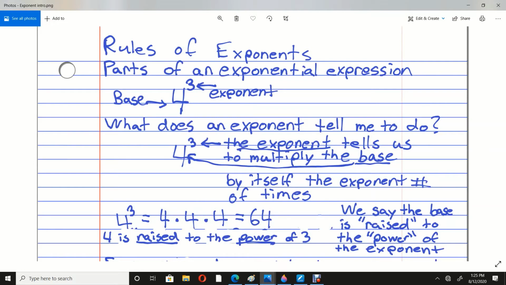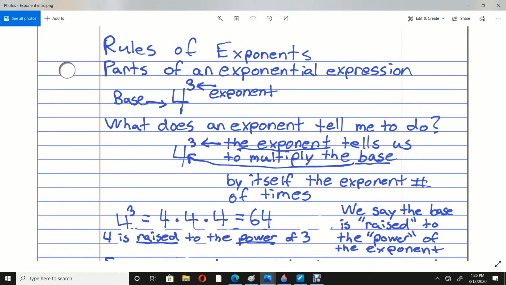All right, 8th grade, you're getting the short end of the stick because you have a lot of pages of notes, because there's a lot to talk about in this lesson. And it's very important that you learn these things going forward into Algebra 1, which most of y'all will be going to. So, first page of notes, rules of exponents.